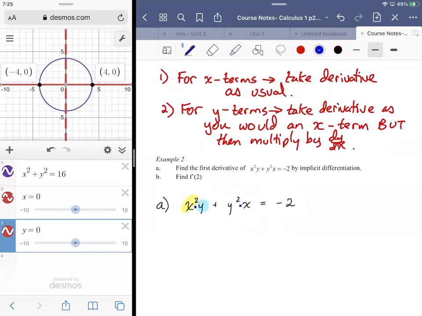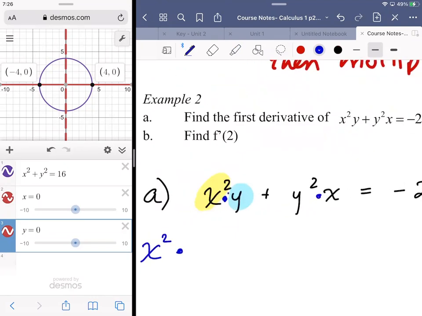We'll focus on them one at a time. So for the x terms, take the derivative as usual. Okay, so keep that in mind. So I have my first function, x squared, times the derivative of the second. So for y terms, take the derivative as you would an x term, but then multiply by dy dx. So I'm looking at this y and I'm pretending it's an x. All right. So I have a 1 as a coefficient, 1 as an exponent.